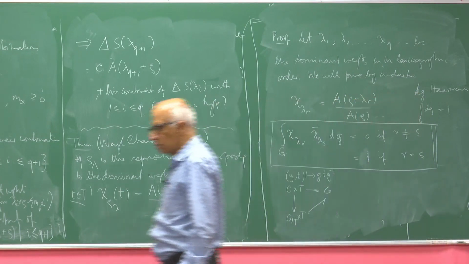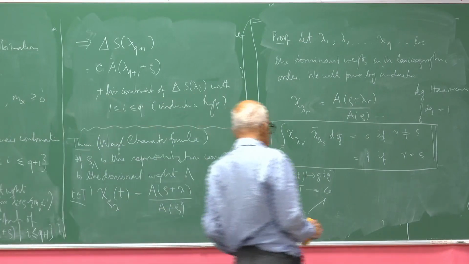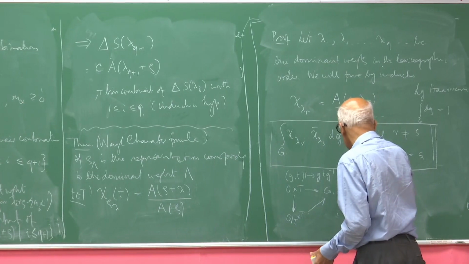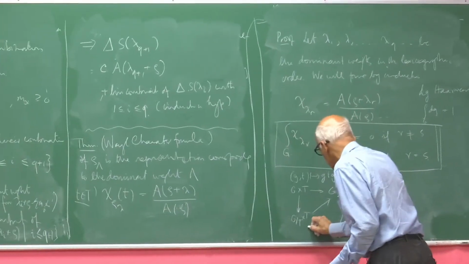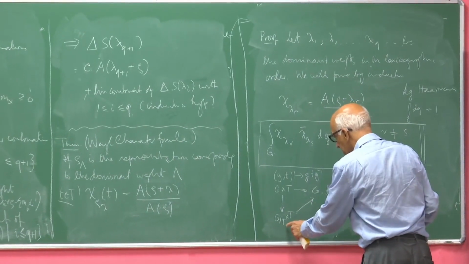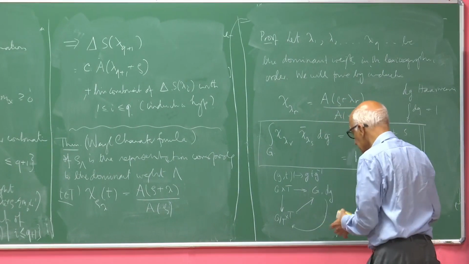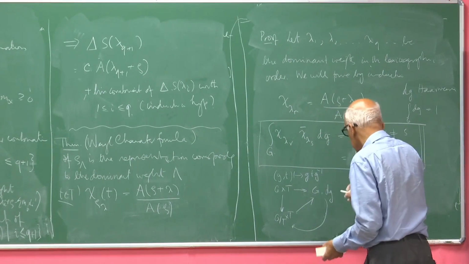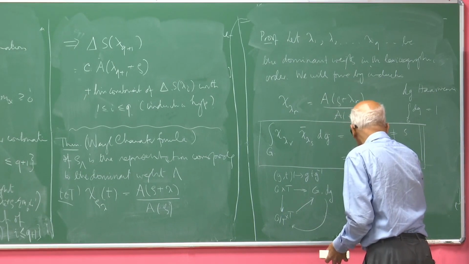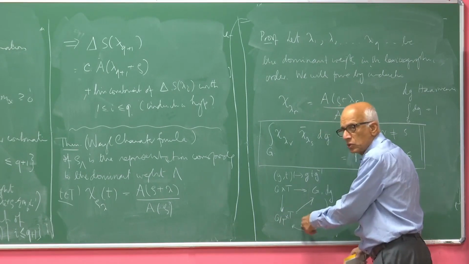Now, we have the Haar measure here, which is dg. The pullback of this measure under this map is a measure on G mod T cross T. What is that measure? It turns out it is d of G mod T, there being a unique invariant measure on G mod T because G is compact.